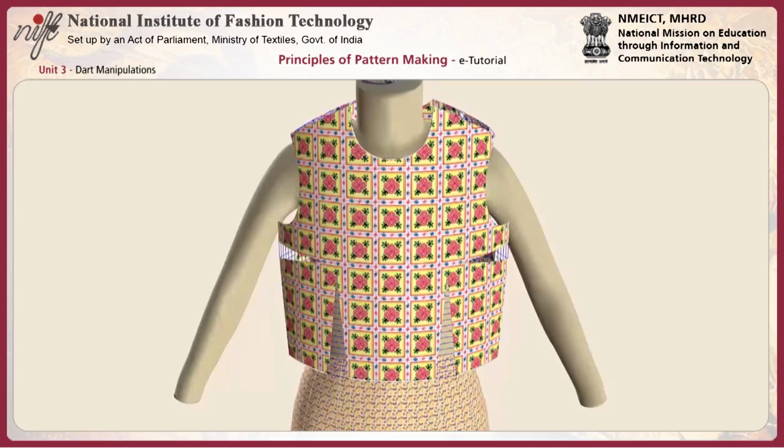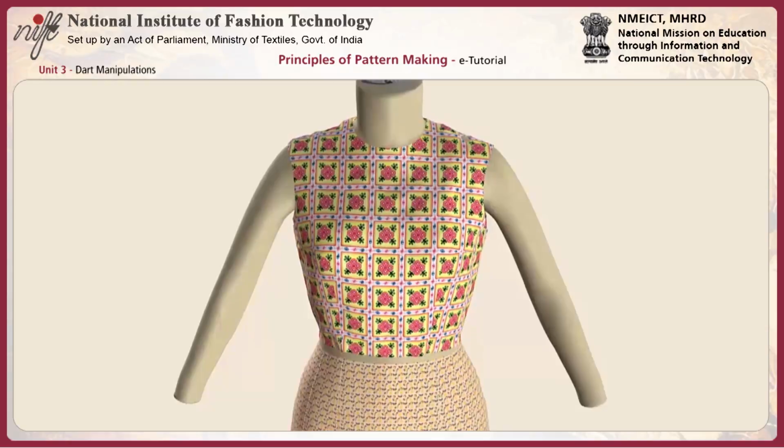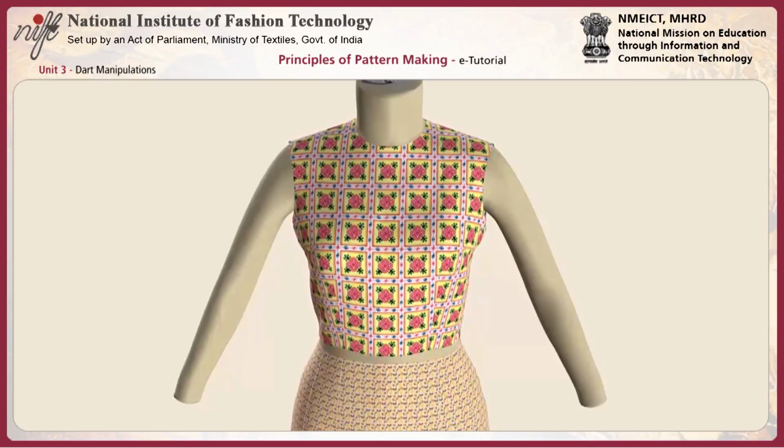The closure of waist darts, underarm darts and shoulder darts, side seam and shoulder seam result in the form of a fitted garment. Excess fabric is confined between waist, underarm and shoulder seam.